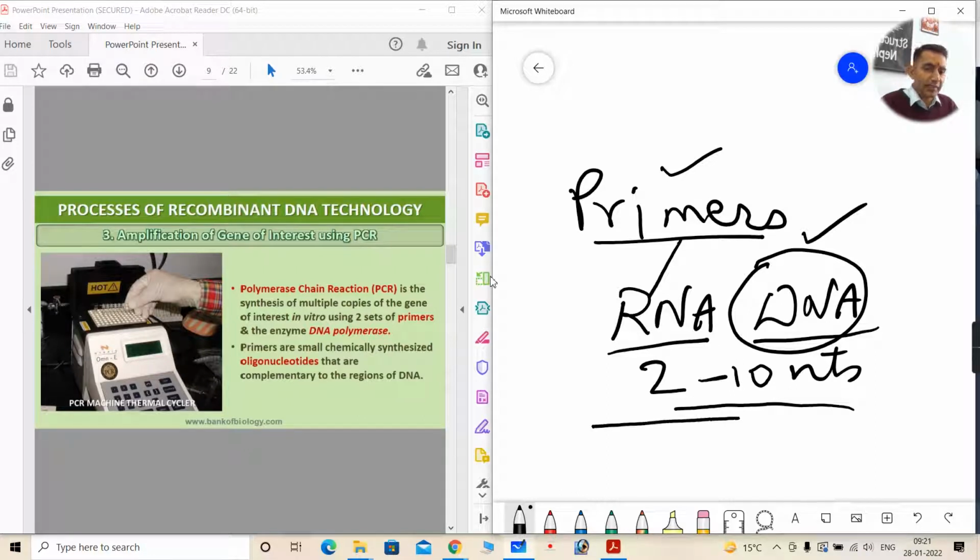Imagine this is my DNA, and here I have made one primer of 8 base pair. So this blue part which I have drawn here, it is complementary to this part of DNA. Complementary means if A is binding to T, so A must be there in this primer and T will be there in this specific desired gene. Okay.